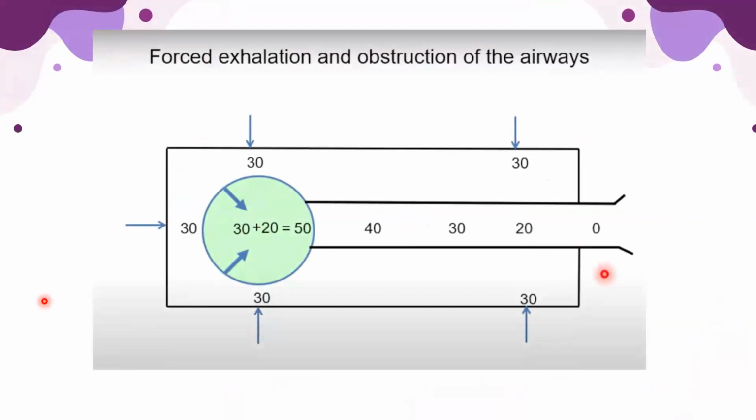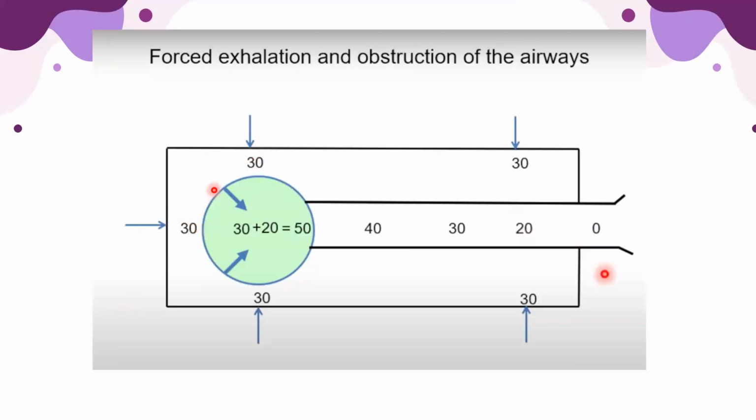So we talked about airway collapse, right? Why does that happen? What's the mechanism behind this airway collapse? During exhalation, you have the chest wall, which helps the lungs during the breathing cycle. The chest wall begins to put in pressure, around 30.